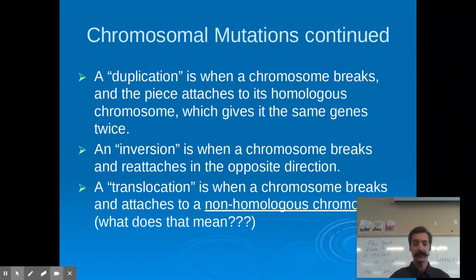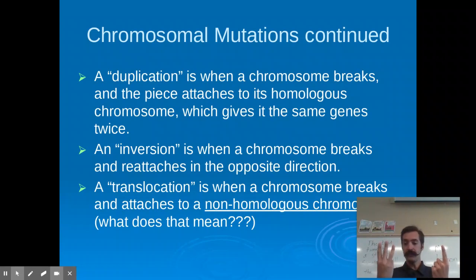A duplication is where a chromosome breaks and it actually attaches to a different chromosome, giving it twice the amount of genetic material, which could potentially be a problem if it creates a new cell. Let's say you have two over here, and then one broke off and joined this one.